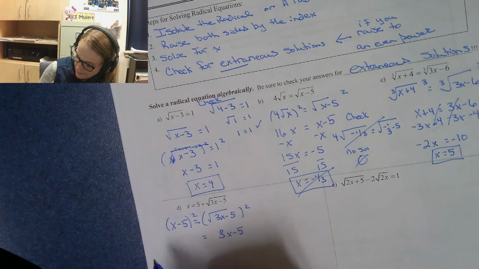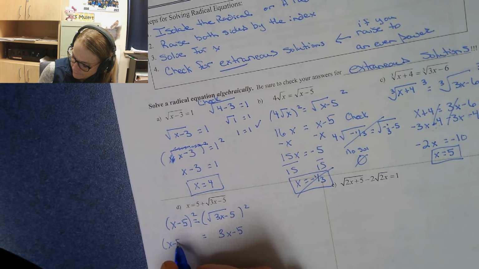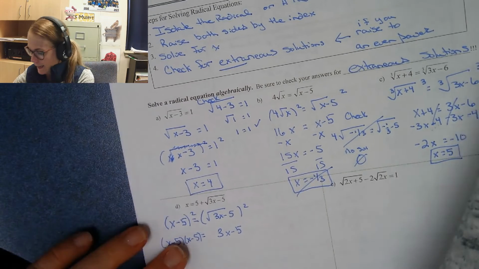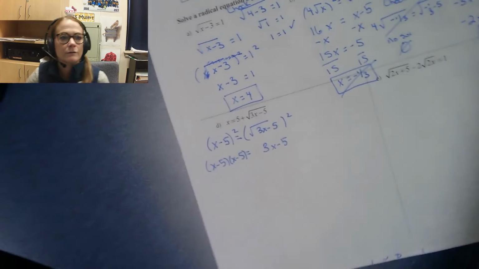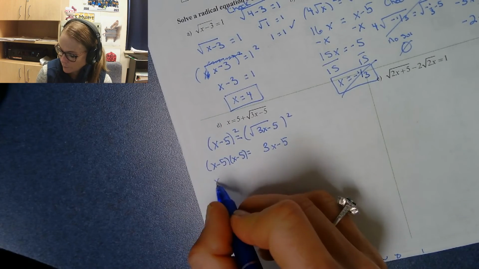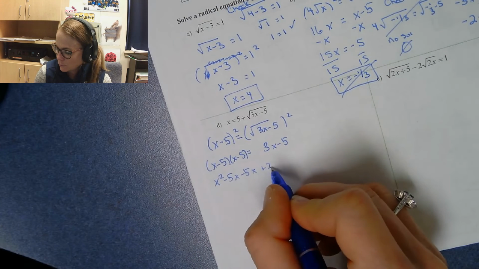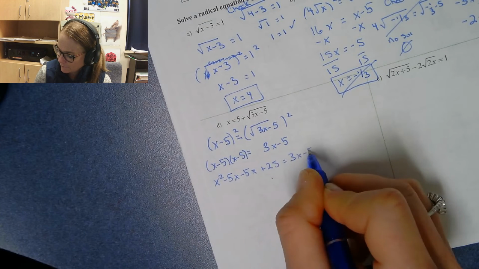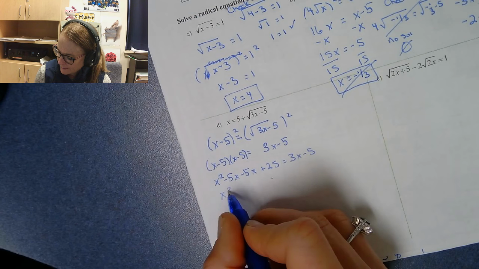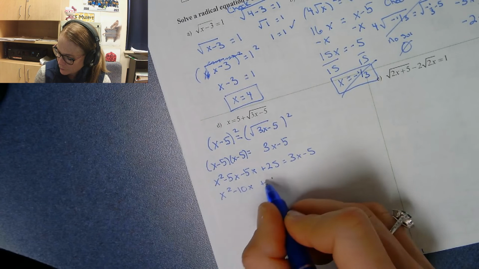So x minus 5 has to be x minus 5 times x minus 5. You have to FOIL this. I know. You have to FOIL this. So this is x squared minus 5x minus 5x plus 25 equals 3x minus 5. x squared minus 10x plus 25.